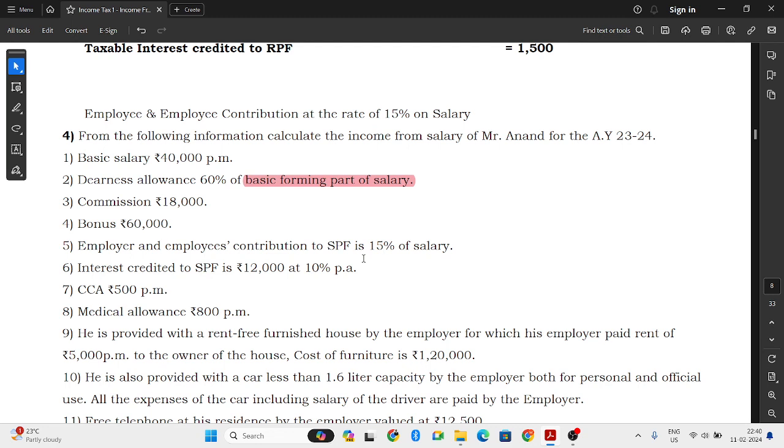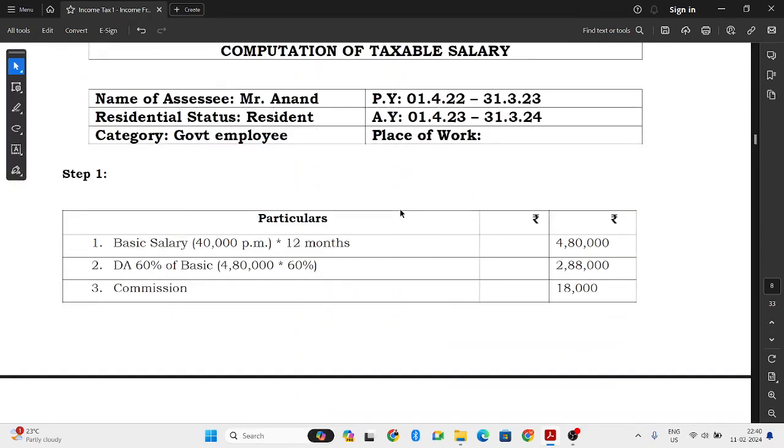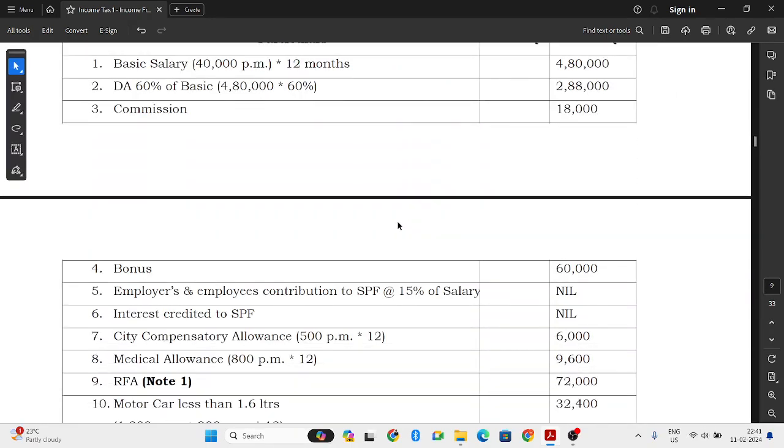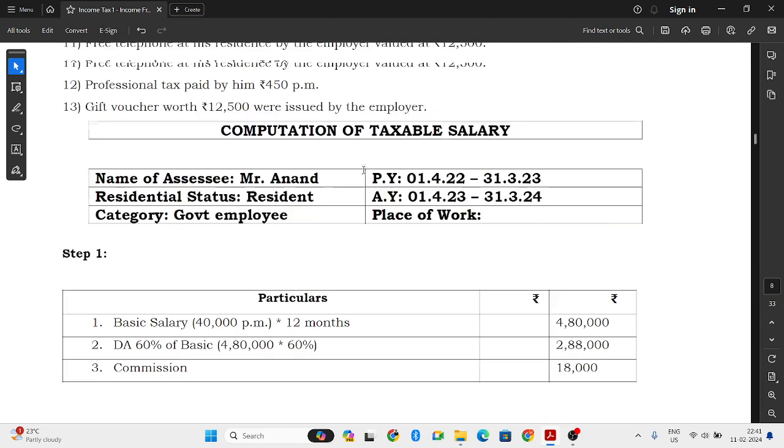In the statutory provident fund, 15% of the salary is contributed, but there is no tax for the statutory provident fund because he's a government employee. So it will be nil. Even the interest credited to statutory provident fund will be nil.